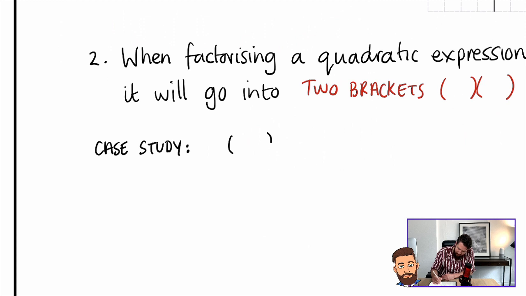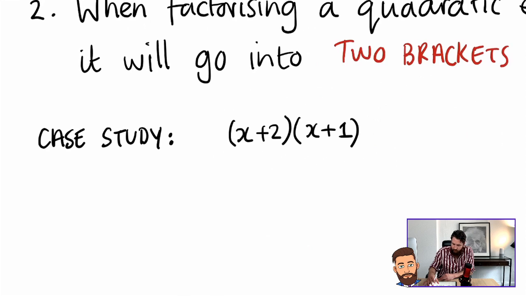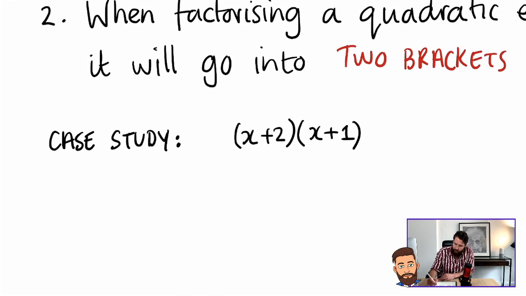So if we expand out x plus 2 and x plus 1, what are we going to get? x times x is x squared. x times 1 is plus x. 2 times x is plus 2x.